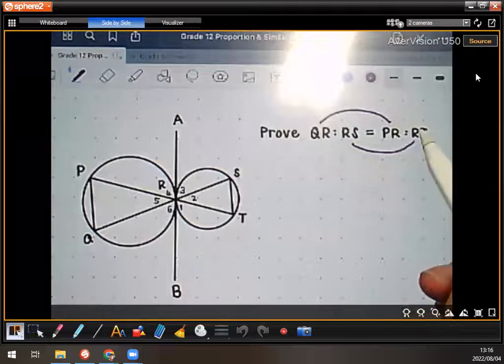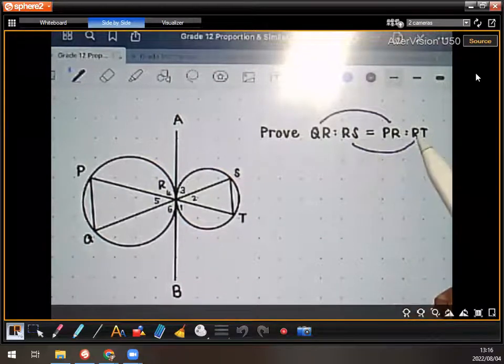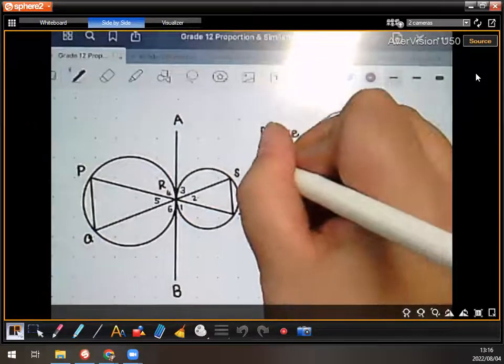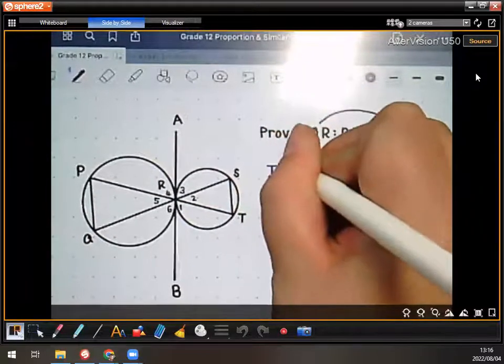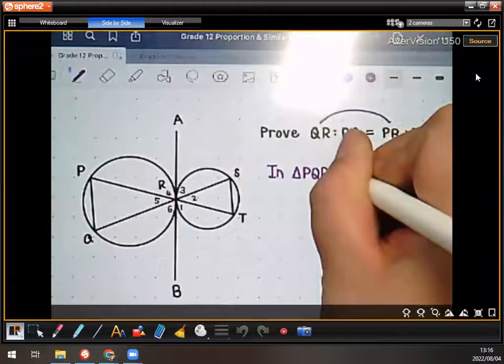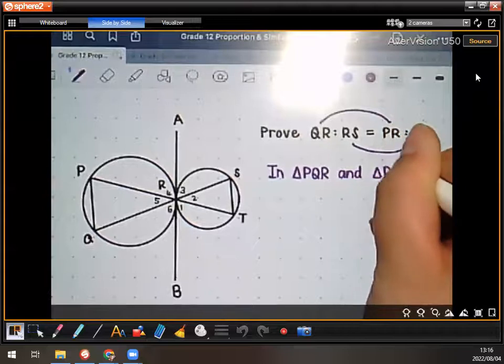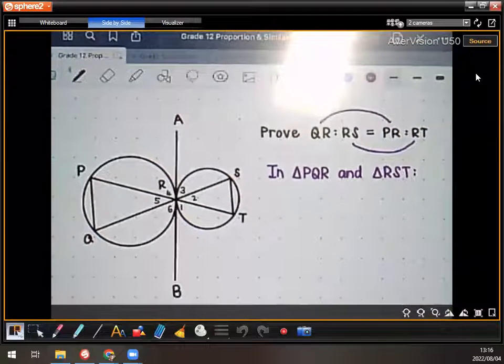And looking at that grouping there, RS and RT, the three letters are RST, that is a triangle. So we are going to work in triangle PQR and triangle RST.